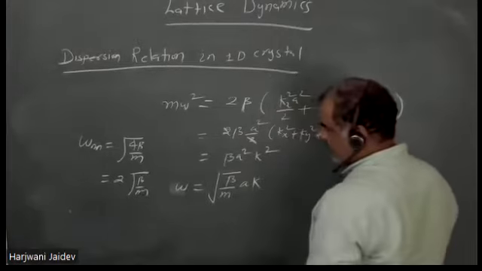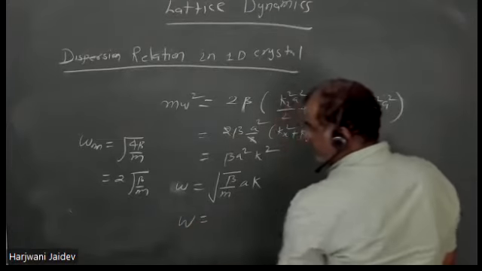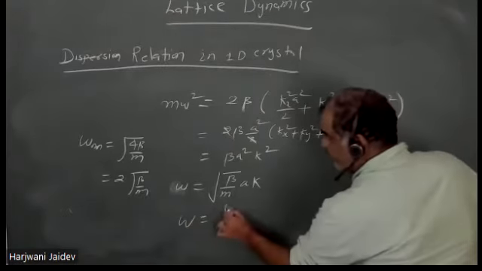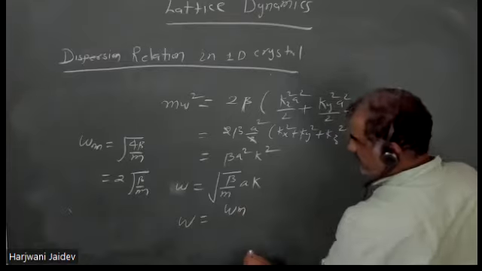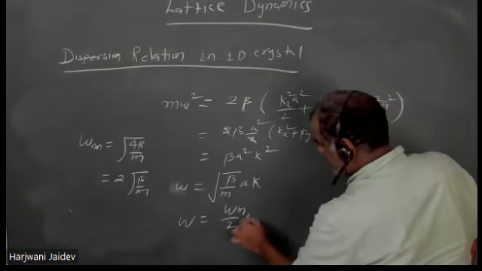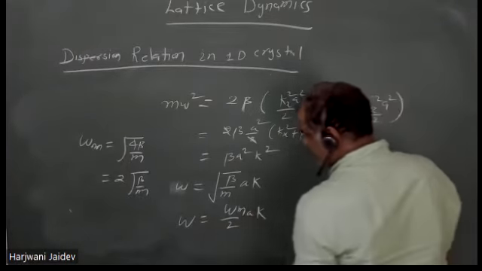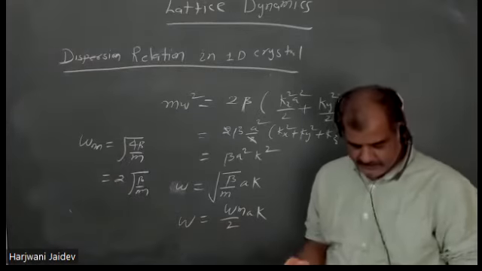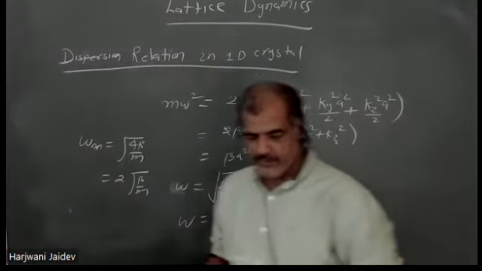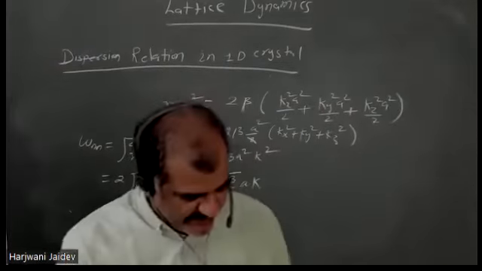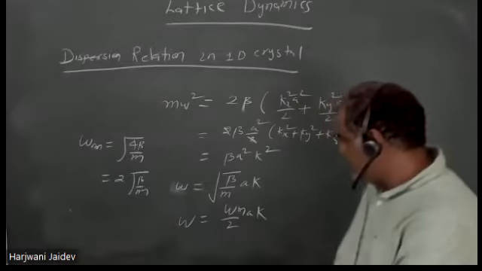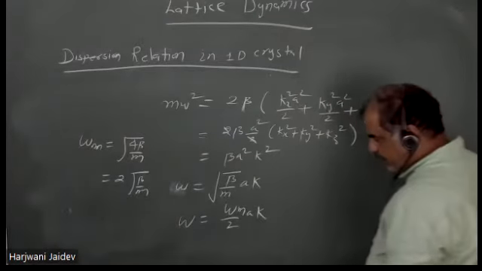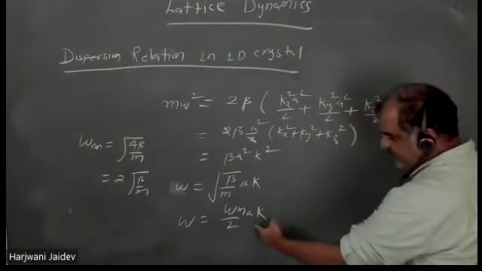So I can write beta by m equal to vm by 2, times a k. Hasn't the same relation come that we had for 1D? This is the same relation. It was the same for 1D, and it is the same for 3D.